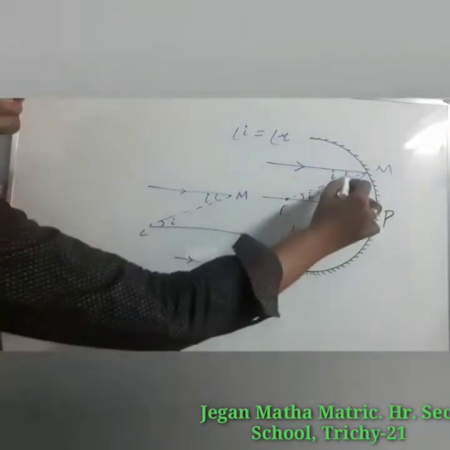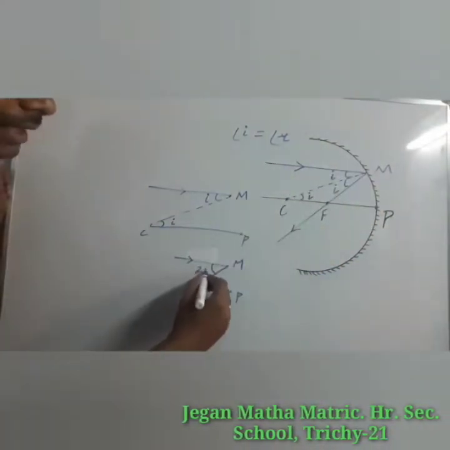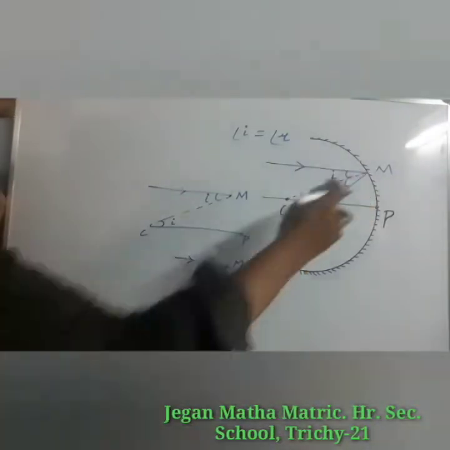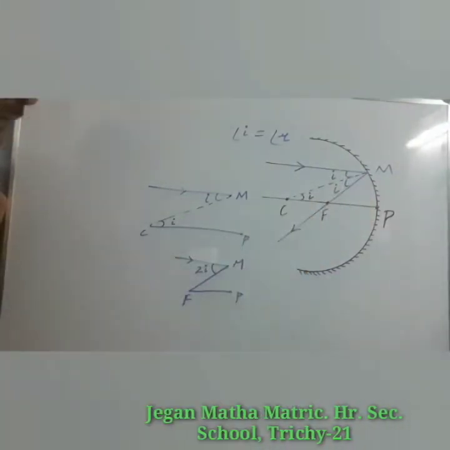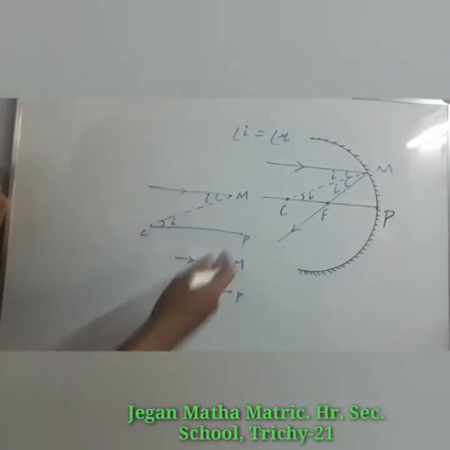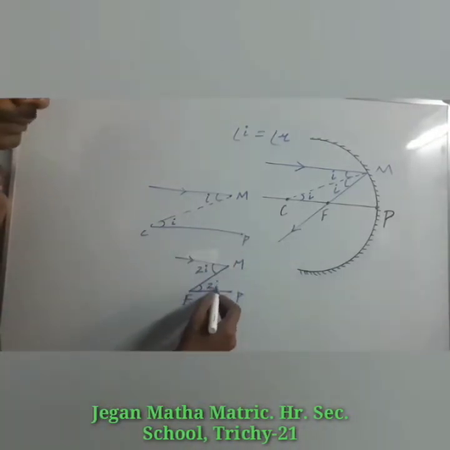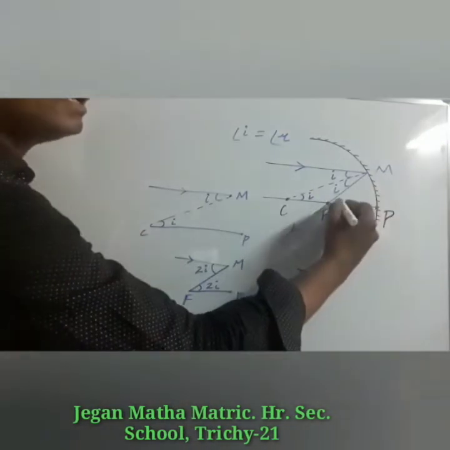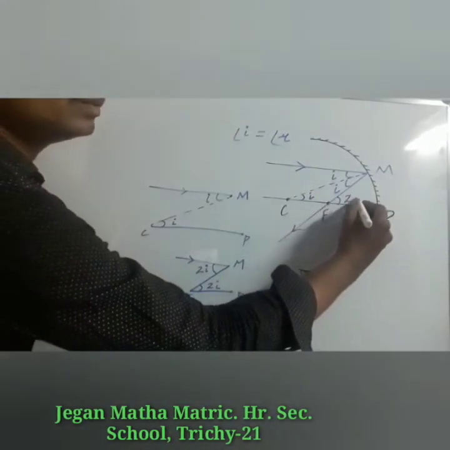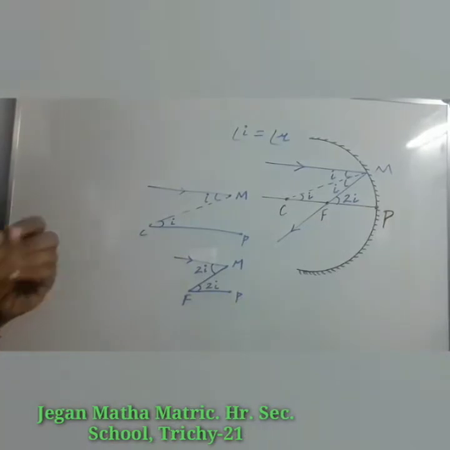There are two angles, two I's. So I plus I, 2I. Like the previous case, alternate angles are equal, so also 2I. So angle MFP is equal to 2I.